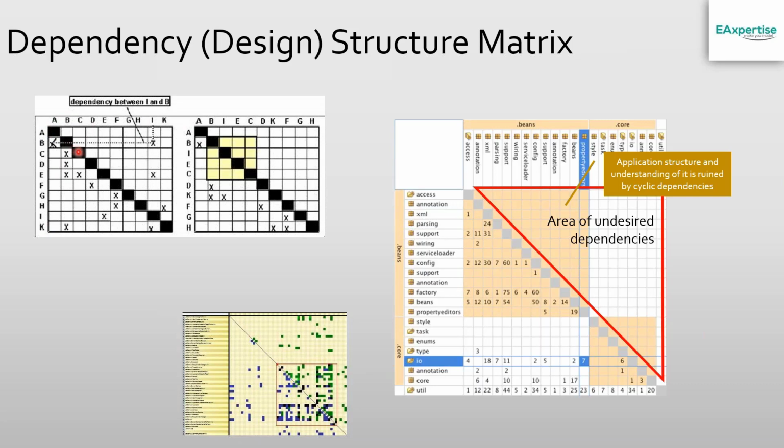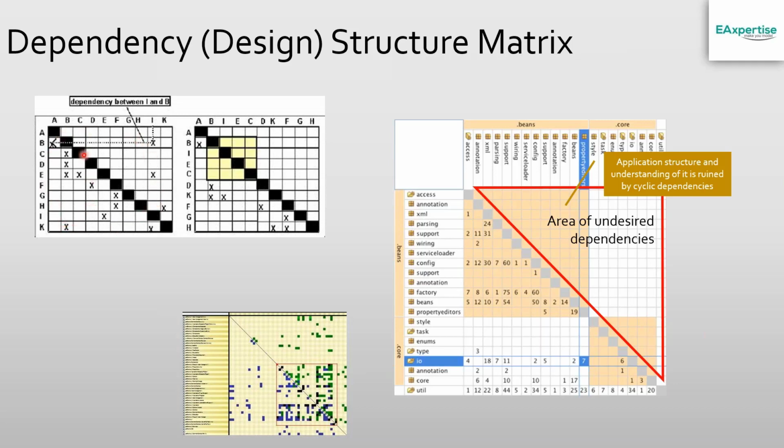So the diagonal is the projection of the dependencies of the element on itself, and this cross means that B has a connection to C, and C has a connection to E, and D has a connection to F.